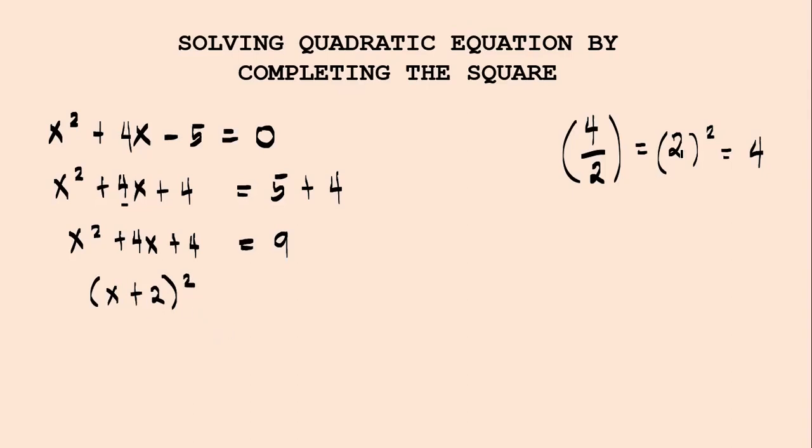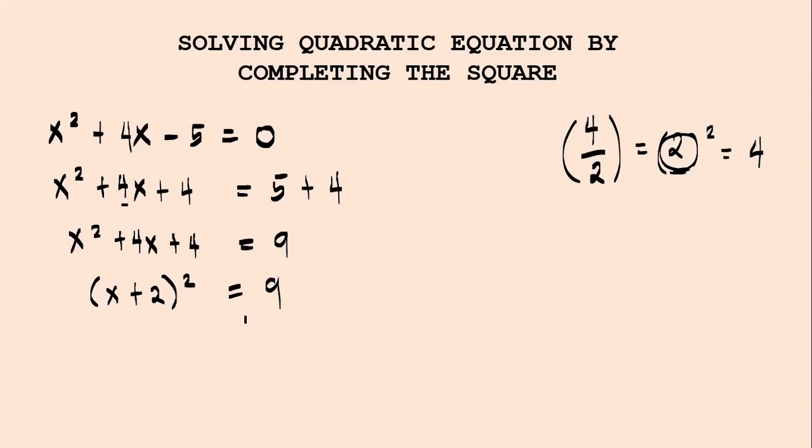Okay, so kung ano yung nakuha mo dito sa b over 2, so 4 over 2, which is 2. Yun lang din yung nandito. Okay, so x plus 2 squared. So once na ginamitan mo siya ng FOIL method, x plus 2 multiplied by x plus 2, the answer is x squared plus 4x plus 4. Okay, and that is equal to 9.